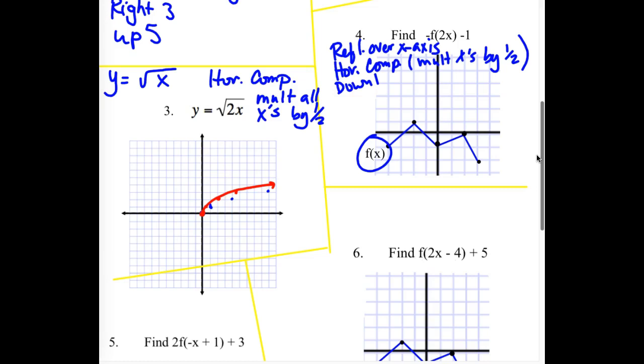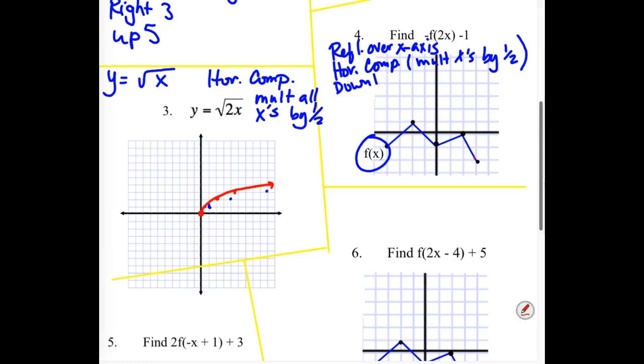Doesn't matter which one you start with. I'm going to start with the one on the far right here. So I'm working on this point. We want to reflect it over the x-axis. Okay, so reflecting it over the x-axis puts me up here. Would you agree with that? Yes? And if I were you, I would just hold your pencil where it should be, but don't actually make a dot because you're going to have too many dots on your paper by the time you finish to know where your final points are.